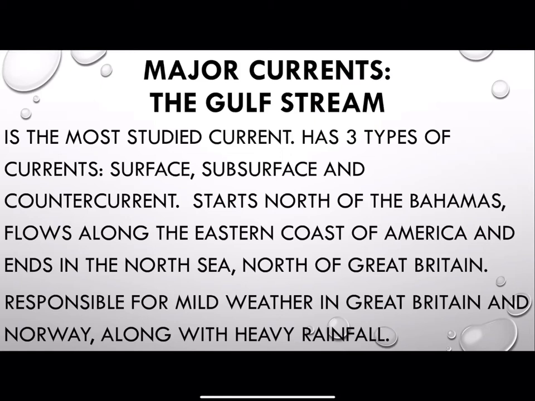But the Gulf Stream is the most studied current. Now, this current has three types of currents that make it up. You have the surface current, the subsurface current, and a counter current. And we'll see those in a little bit in a diagram in the next slide, I believe.